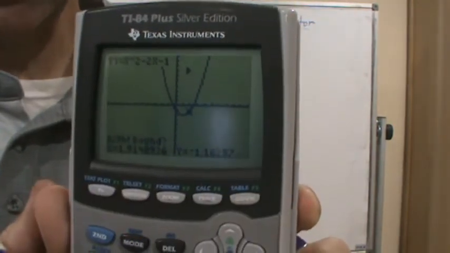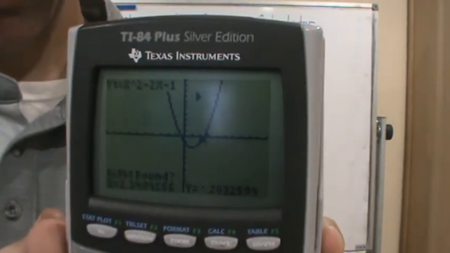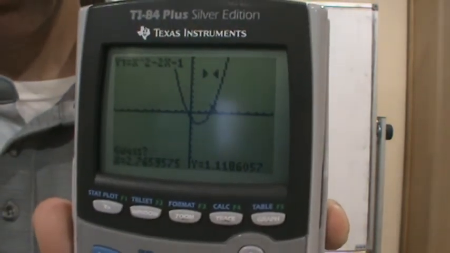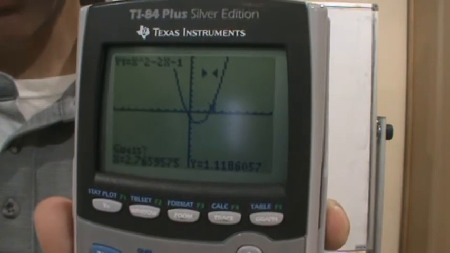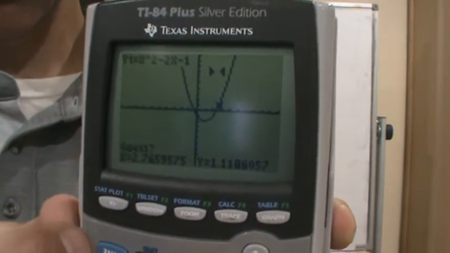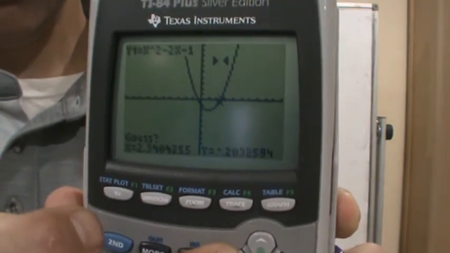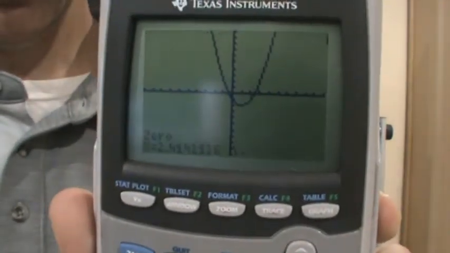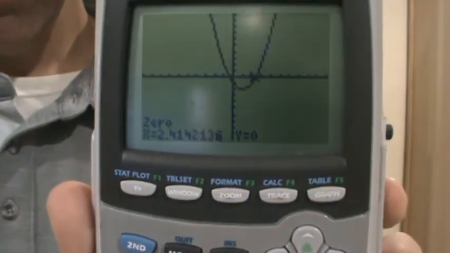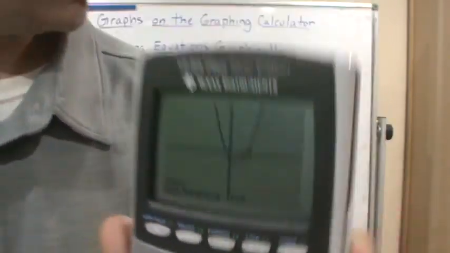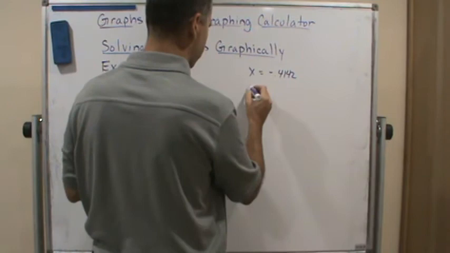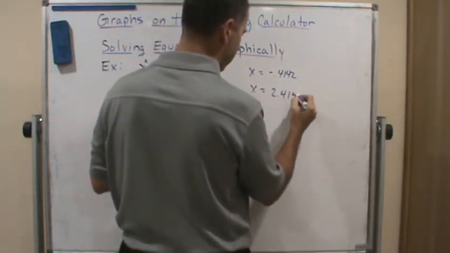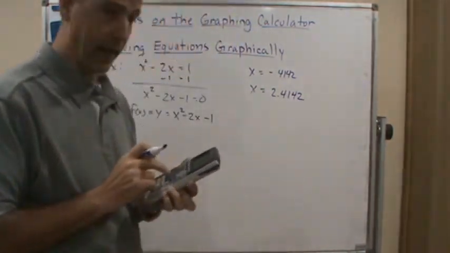Now I'm going to go to the right, and there I'm going to hit enter for my right bound. And now I'm going to check right about there for my guess, and hit enter. And now it says it's 2.4142. Okay, so now my other value is x equals 2.4142.